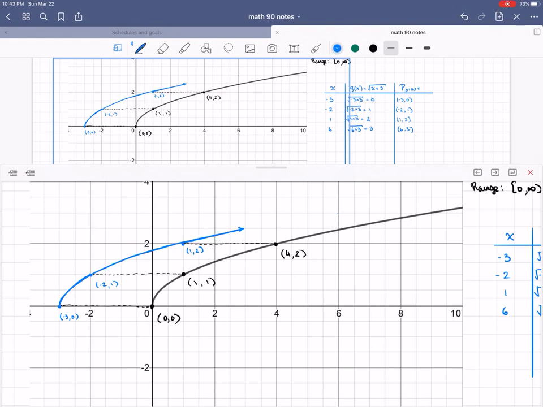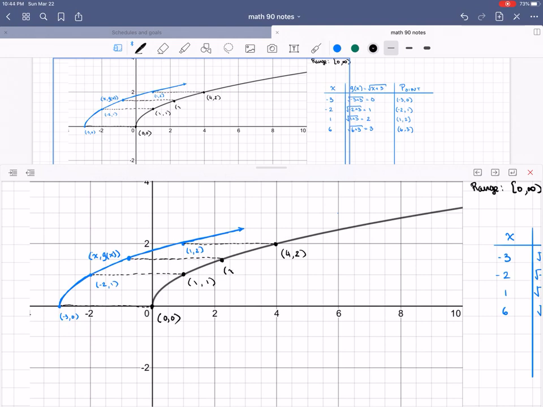So in general, if I take some random point on the graph of g, let's call it x comma g of x, I can dot over from there to the graph of f. And I hope you can see that all of the little dotted lines that I've drawn in are the same length, because every single point got shifted the same way.